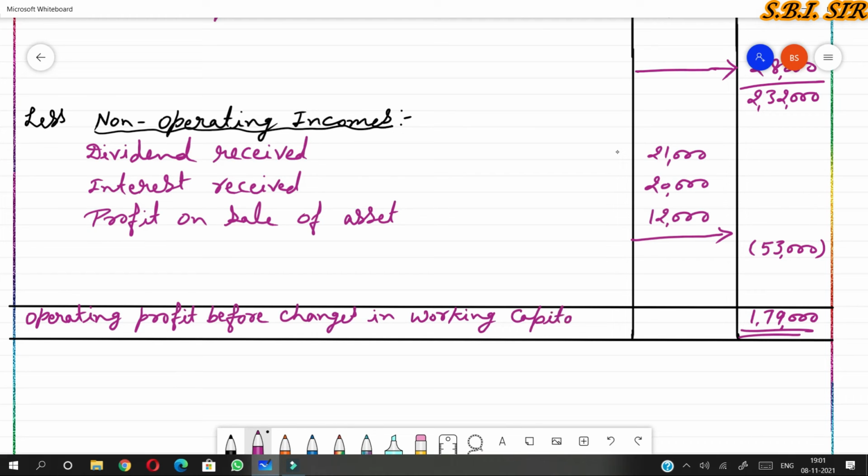But here further information related to current assets and current liabilities is not given, so we can say that it is the net cash flow from operating activities.